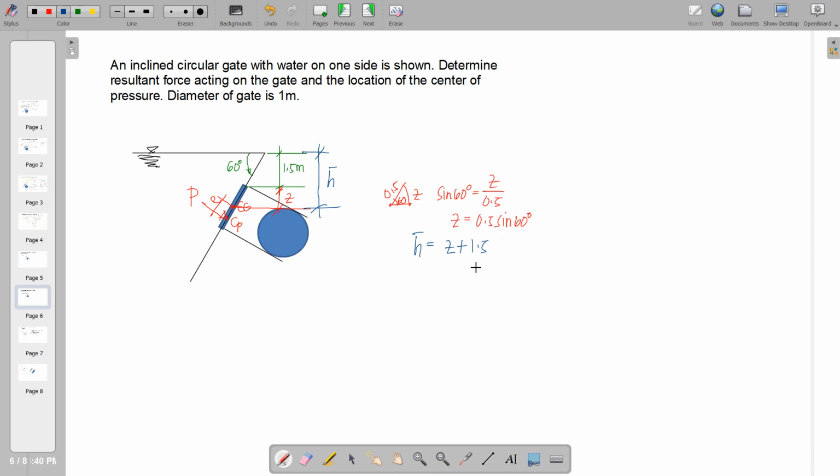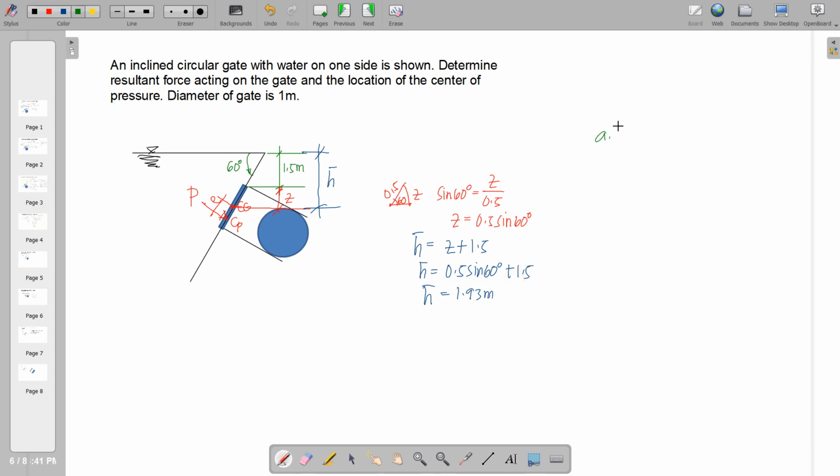So by that, we can get the value of H bar. H bar is equal to Z plus 1.5. We substitute the value of Z and then add it to 1.5. We'll have the value of H bar equal to 1.93 meters.